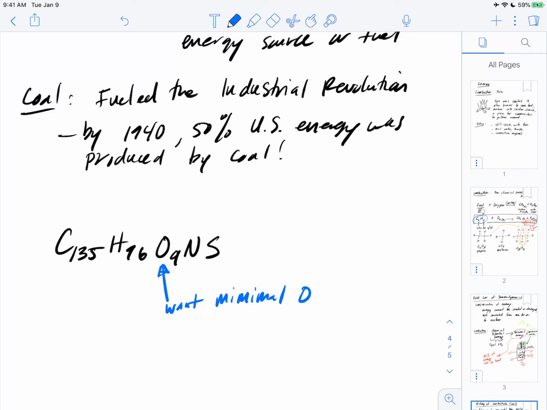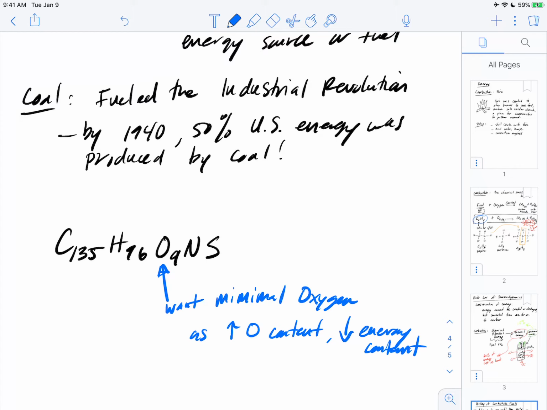So as we increase the amount of oxygen content, we decrease the energy content of the coal. So we want to look for coal that has not a lot of oxygen in it, which seems a little weird if we're combusting it with oxygen. Oxygen is definitely a part of it, but we don't want it in our fuel.